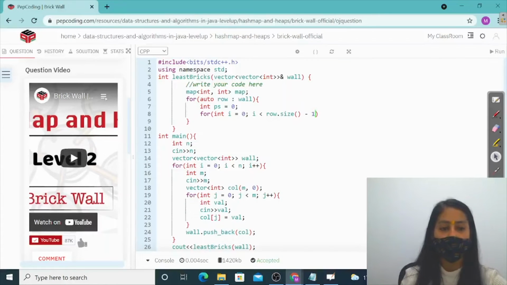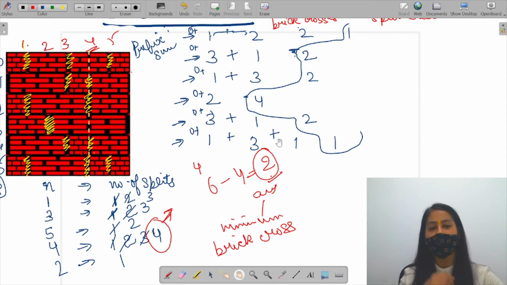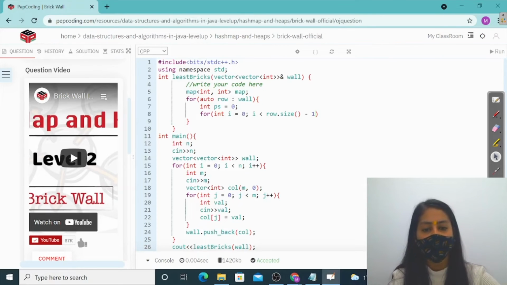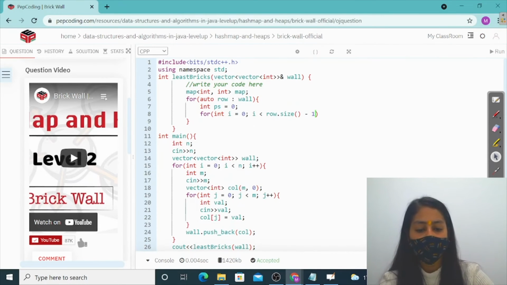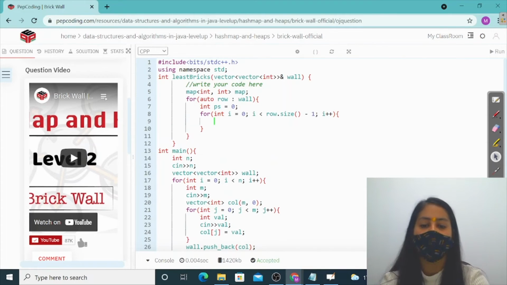Why? Because we are not considering the last value of each row. Because it will take us to the last point, but we don't want that, right? So I am moving from 0 to last, excluding the last value, right? So I am taking row dot size minus 1 and i plus plus, right?